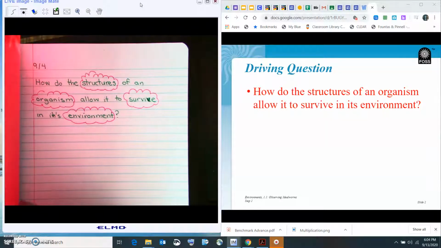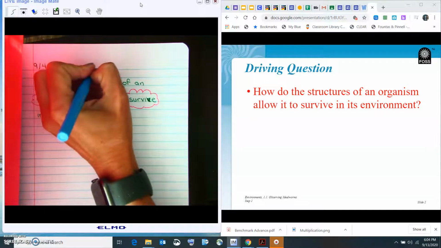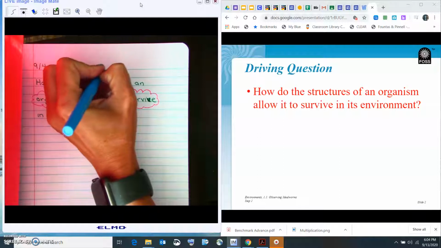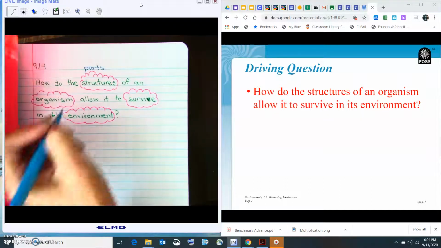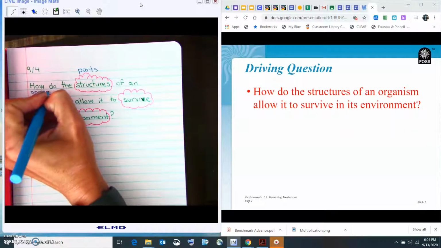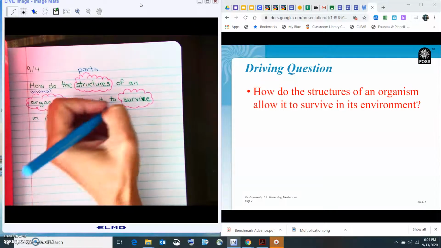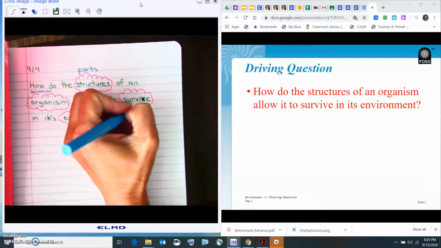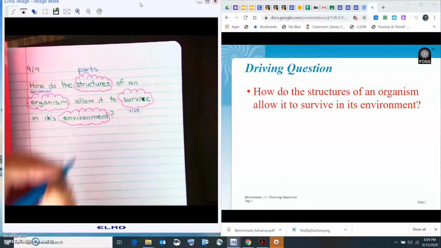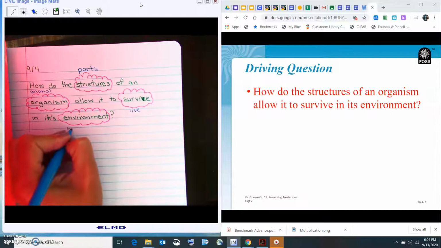So another word for structures is the parts. The parts of, and then an organism can be an animal or plant. Survive, allow it to survive, so that would be live. And the environment is kind of like its home or habitat.